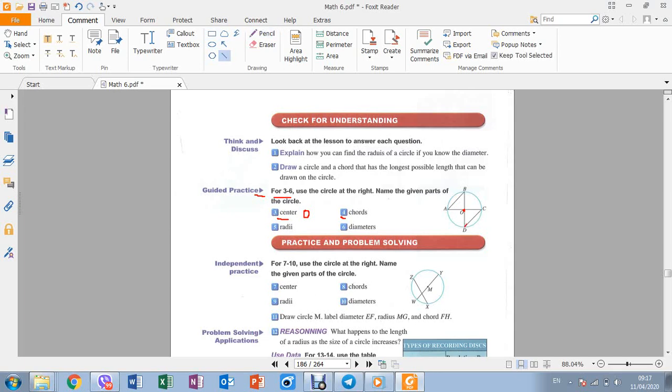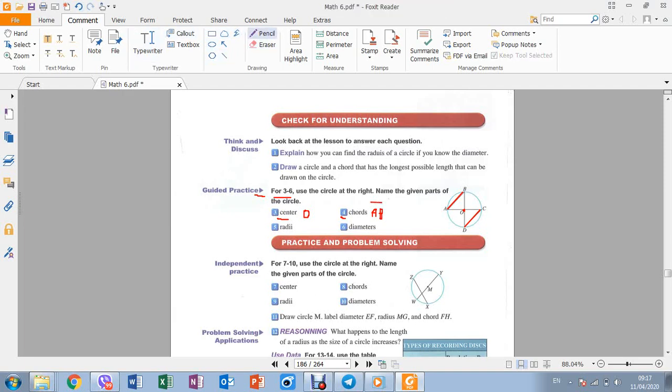Look, we have two chords. One of them is chord DC, and the other is what? Chord AB. Okay, chord AB, a line segment on it.